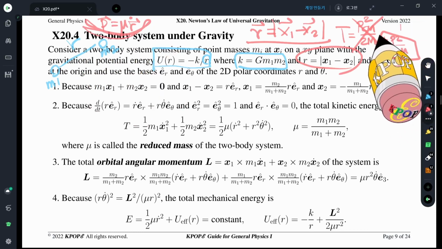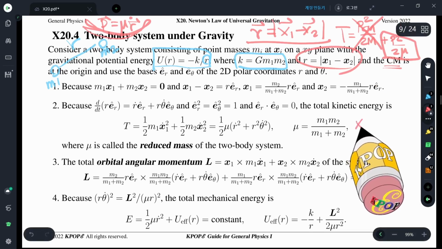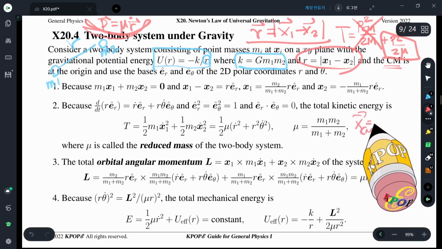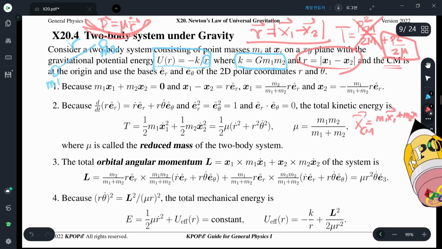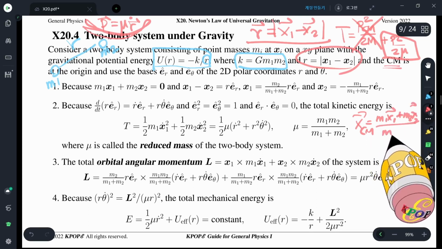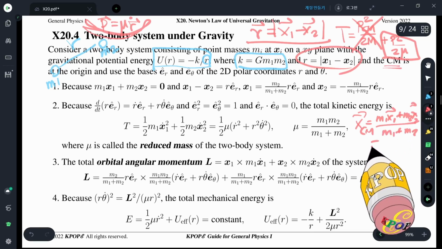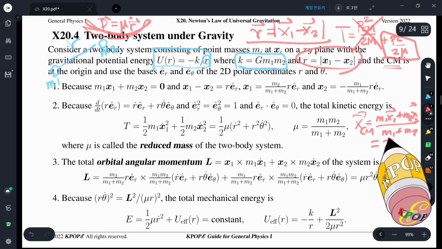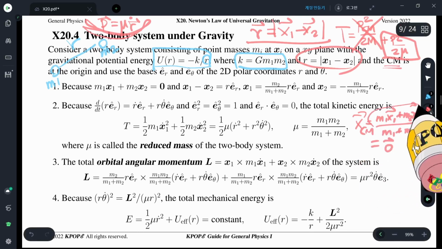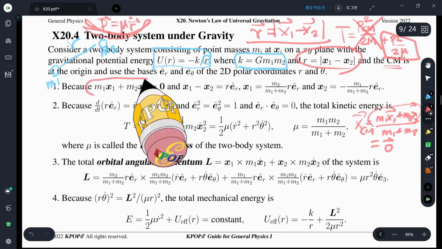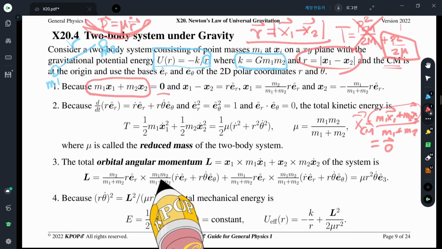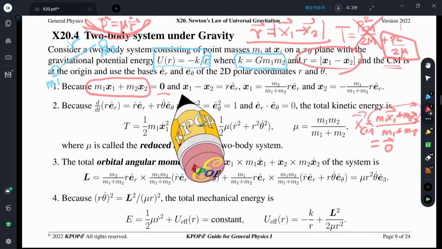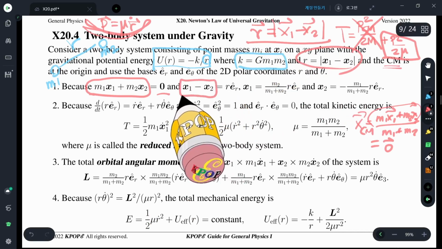Because the center of mass is x_CM equals m1 x1 plus m2 x2, divided by m1 plus m2. We set this one to be 0. At the center of mass frame, this one vanishes, so the numerator vanishes. And we have a relative coordinate. The relative coordinate is x1 minus x2.